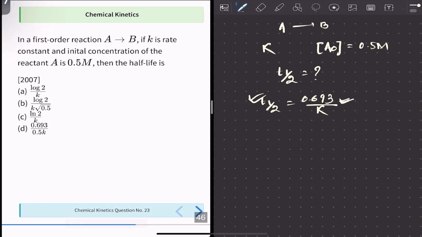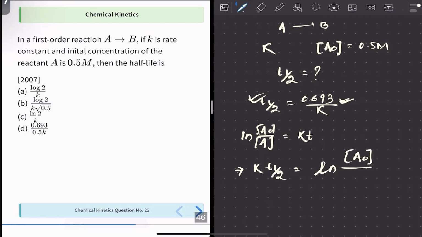For a first order reaction, ln(A naught by A) is equal to KT. That is, for T half, K T half, the concentration of reactant would be halved. So what will be the A value?